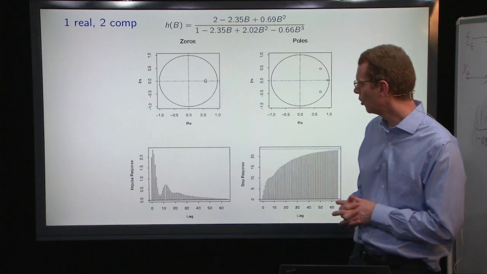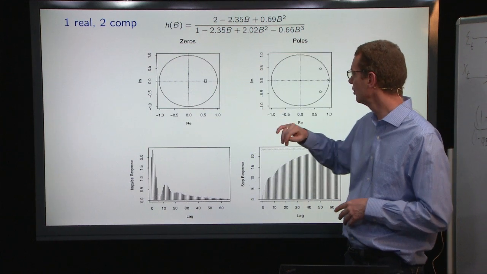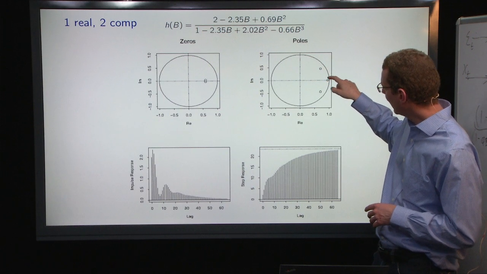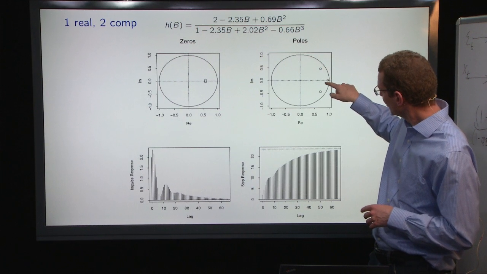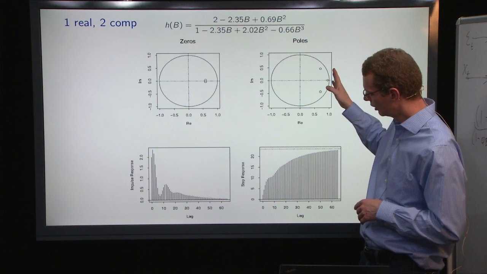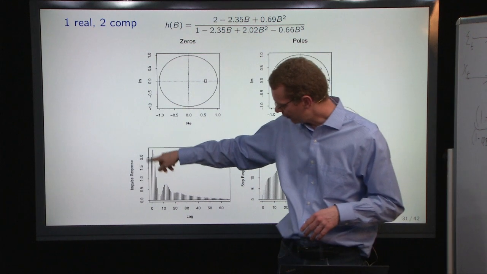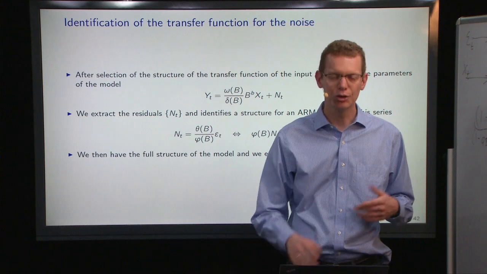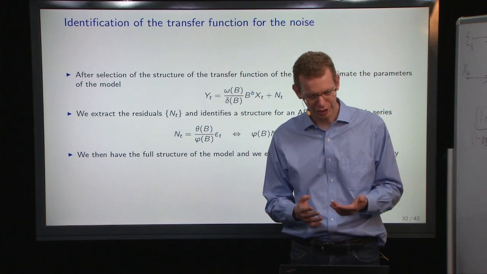Now, if we add more complexity, in this case a couple of zeros as well, and both a complex pair and a real pole that is the one closest to unity, so that's the one that dominates. So we have the exponential here, and then you have an oscillation on top of that. And you can do many more examples of that yourself.